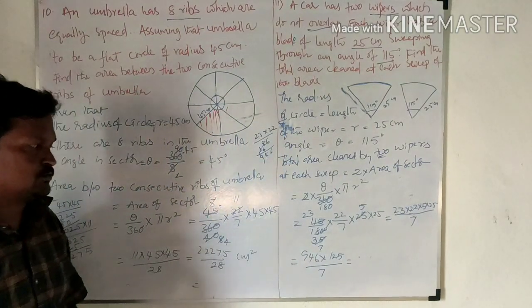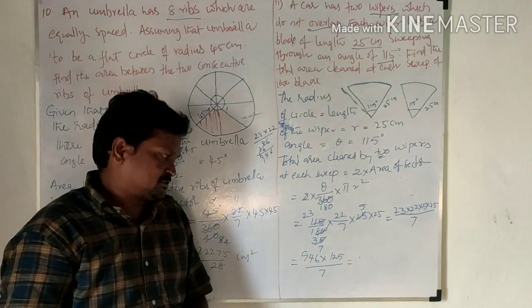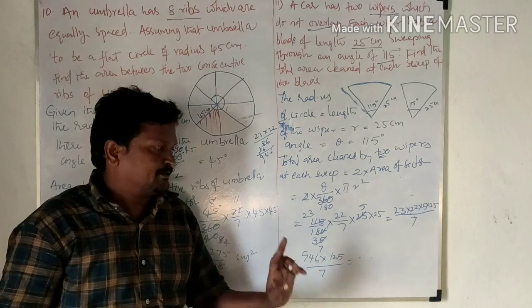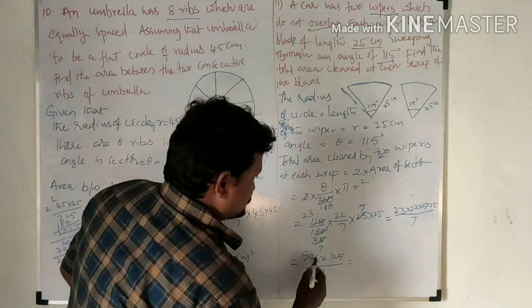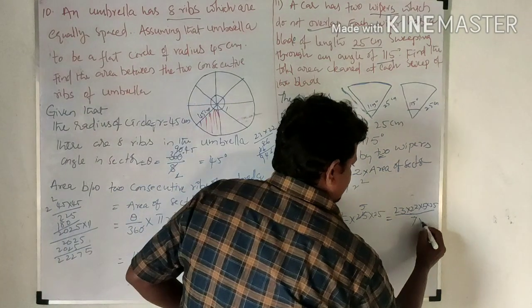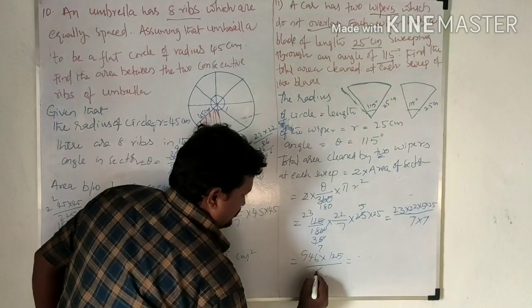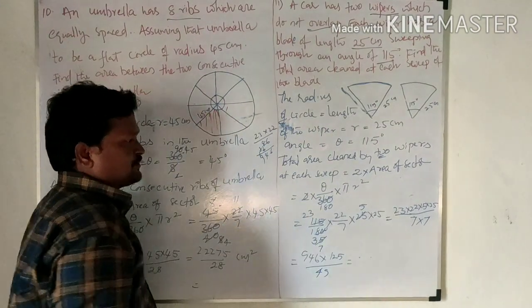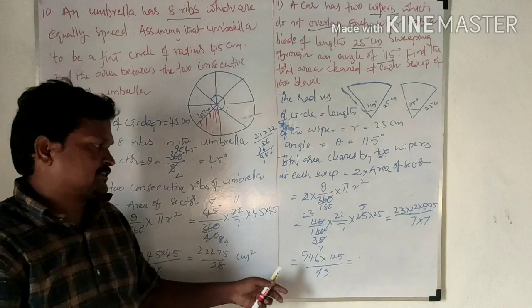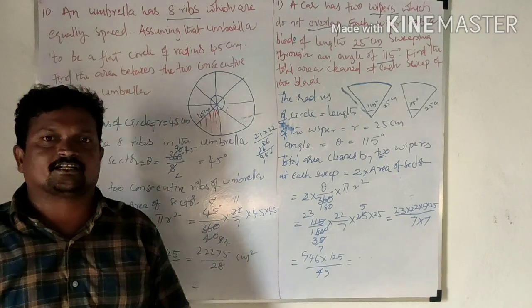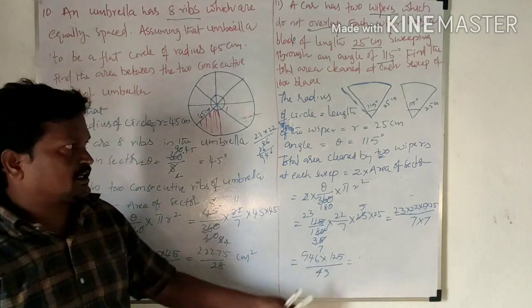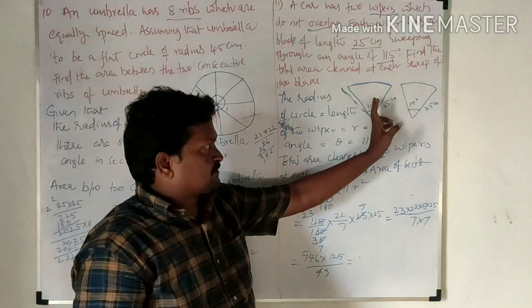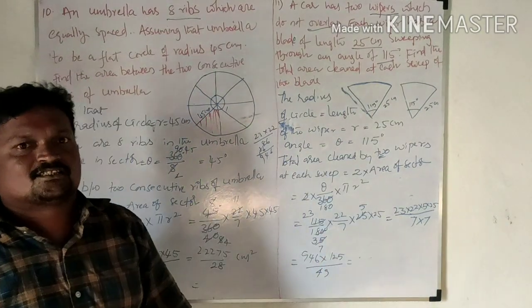You have to multiply these two numbers and divide by 49. After multiplying these two, you divide by 49. Then you will get the total area swept by the two wipers at each sweeping.